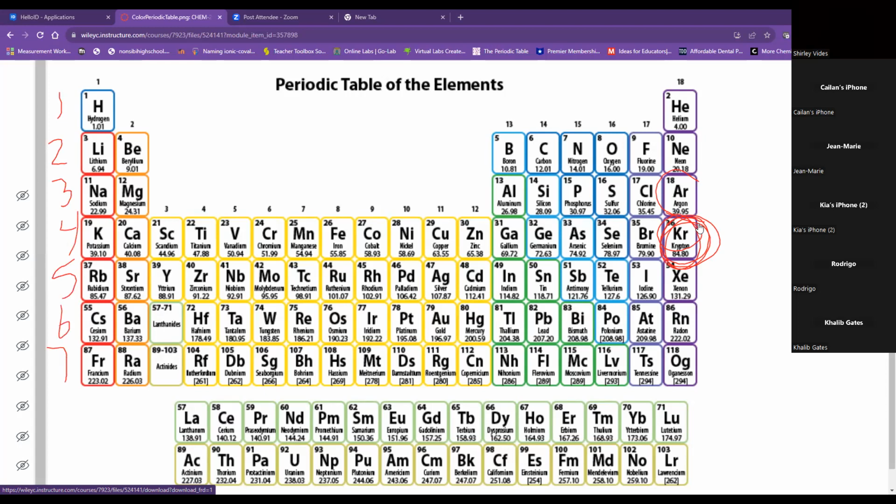So 5s2, that would be these two. But it goes beyond that. Then it says 4d10, that's all of these guys. And then it says 5p3. So this is 1, this is 2, this is 3. This is our target right here, antimony. You see that? So far, so good?